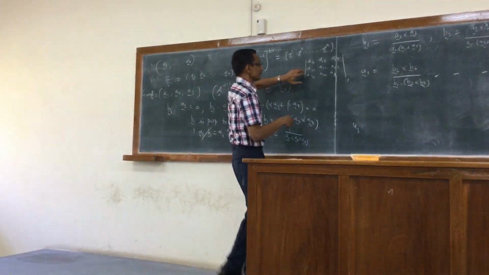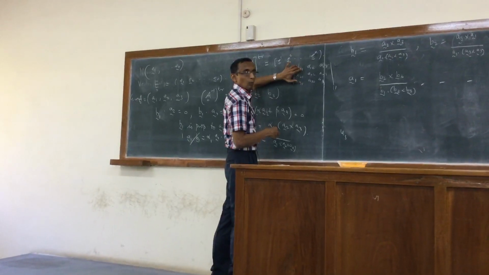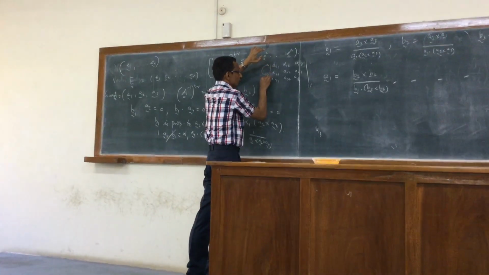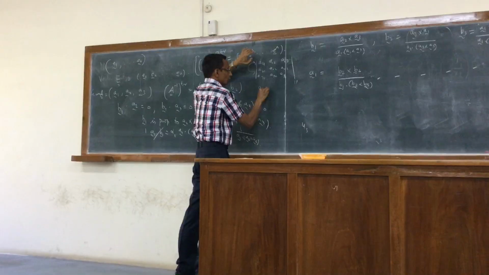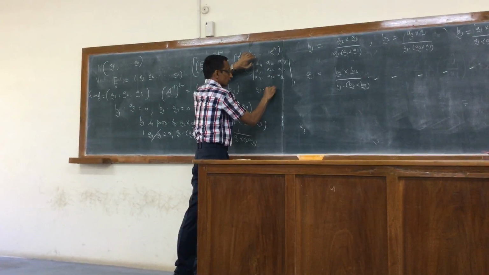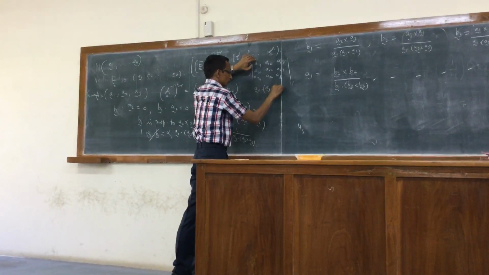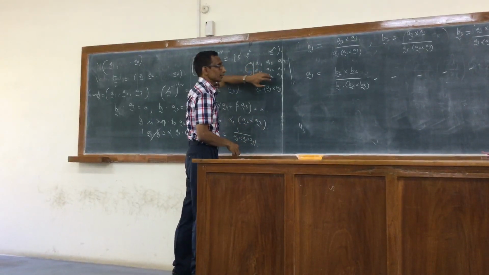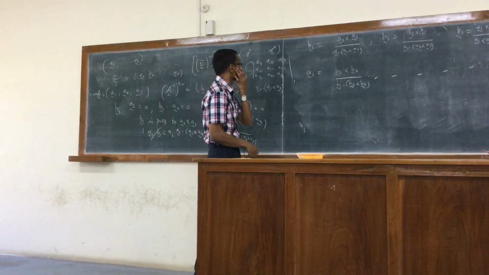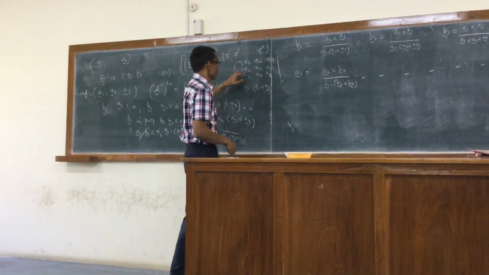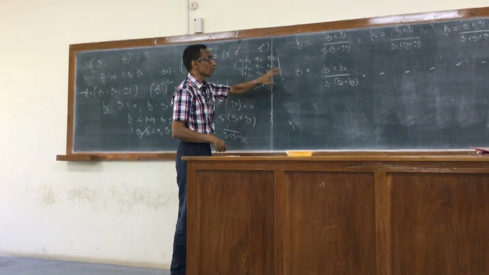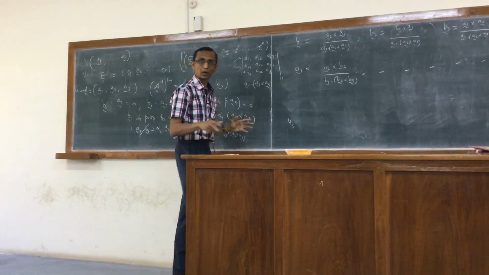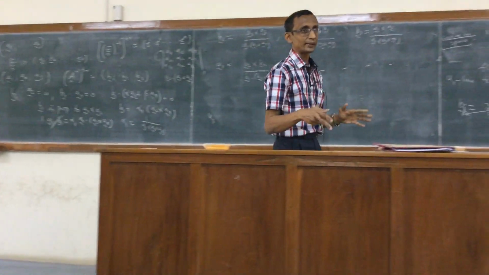So by interchanging these two, what I am getting is actually A2 dotted with A1 cross A3. Clearly, that would be negative of the earlier one, A1 dotted with A2 cross A3. The magnitudes are all the same, the signs would be different.